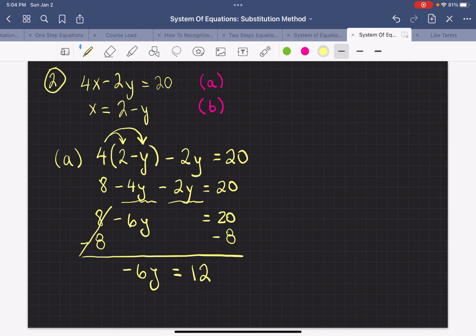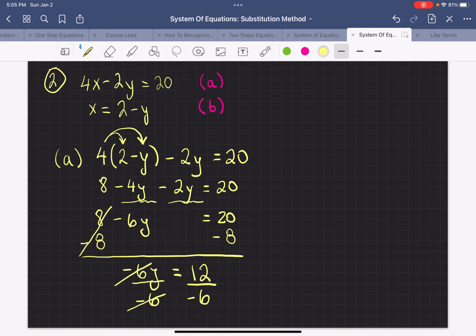So now, to isolate the y, I need to get rid of the negative 6. The negative 6 is multiplying the y, so to get rid of it, the opposite operation would be division. Divide both sides by exactly the number I'm trying to get rid of. I'm trying to get rid of negative 6, not 6, negative 6. So I divide both sides by negative 6.